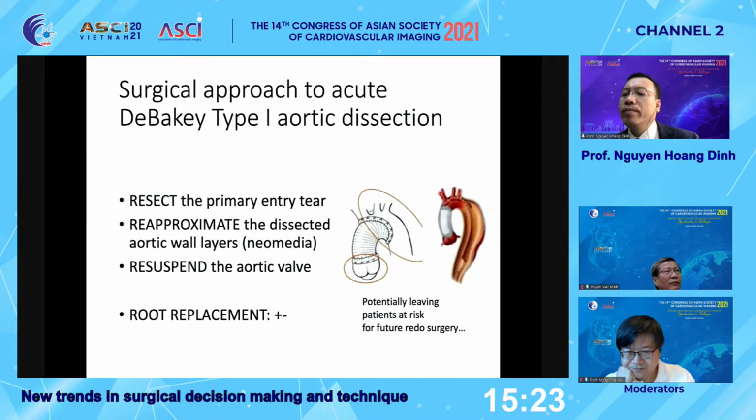However, the downstream aorta usually remains residually dissected, risking late distal aortic sequelae, and therefore leaving the patients at risk for future complex redo surgery. That's why we need a more extended distal repair. But whether repair at the index procedure, meaning the frozen elephant trunk, improves long-term outcome and outweighs the associated surgical complexity and risk at the index procedure is currently being debated.